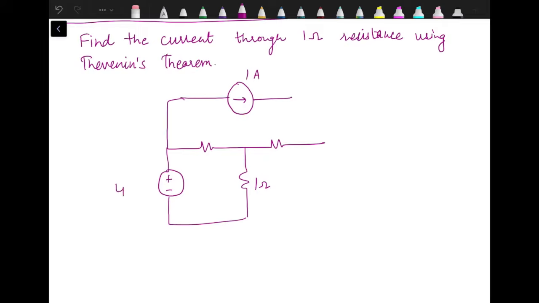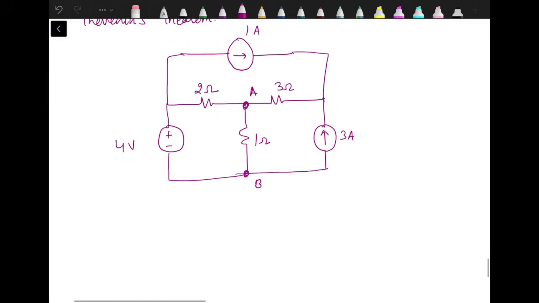Here we have a voltage source 4 volts, 2 ohm, 3 ohm, another current source over here which is supplying 3 ampere current. So these two are load terminals, considering this one is A and this one is B. Again, as we need to apply Thevenin's theorem, we need to find out VTH and RTH.